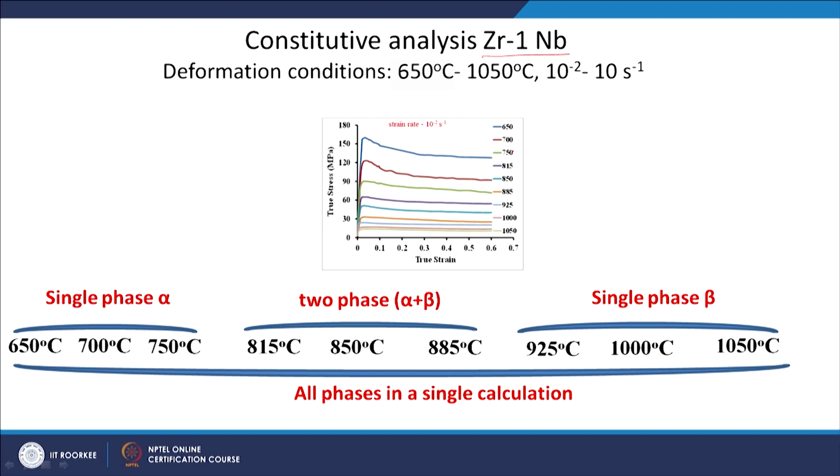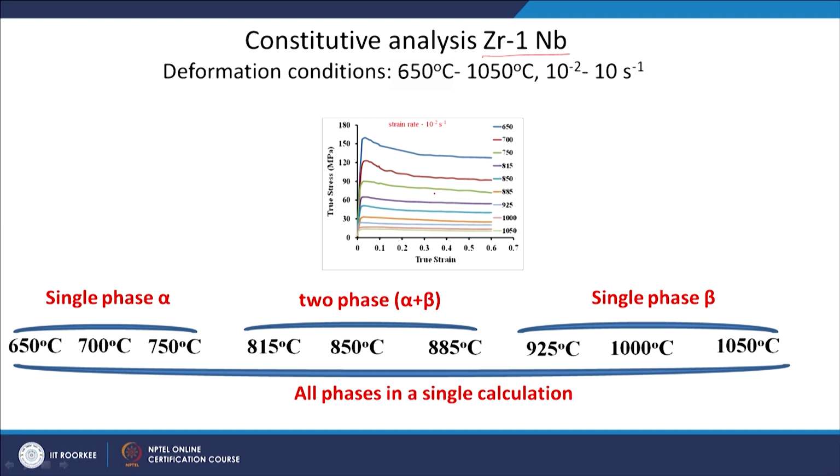So, it is like a discontinuous dynamic recrystallization process. As you go toward higher temperature, the deformation behavior changes to kind of dynamic recovery, where you do not get a peak in the stress, but there is a steady state behavior, which is typical of dynamic recovery.